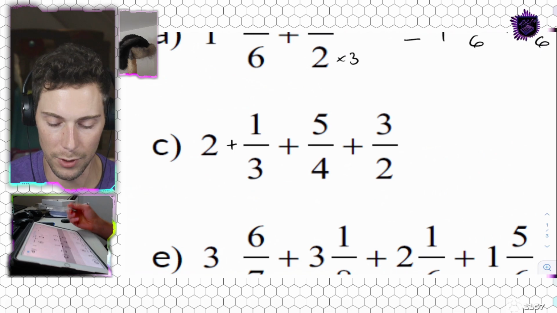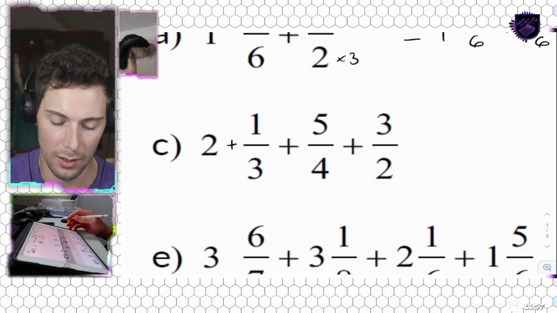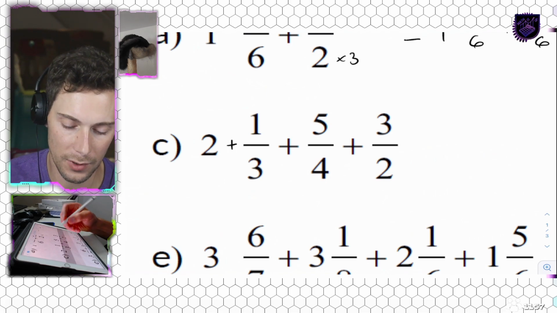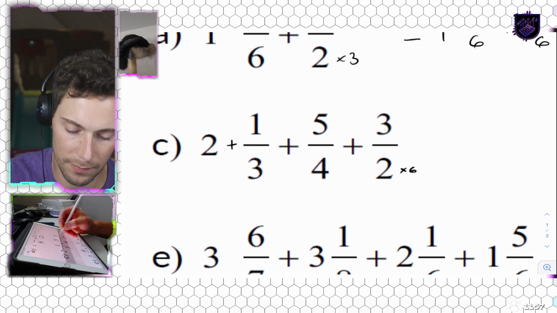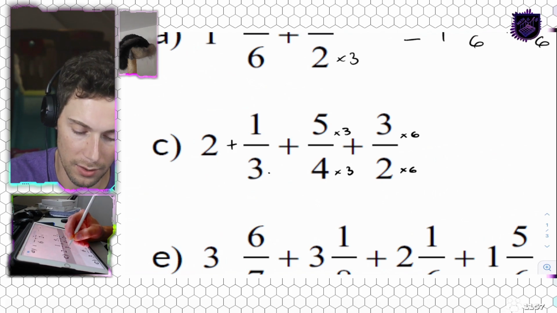Or you could just do it all. The lowest common multiple of 3, 4, and 2 is going to be 12. So times 6, times 6, times 3, times 3, times 4, times 4.